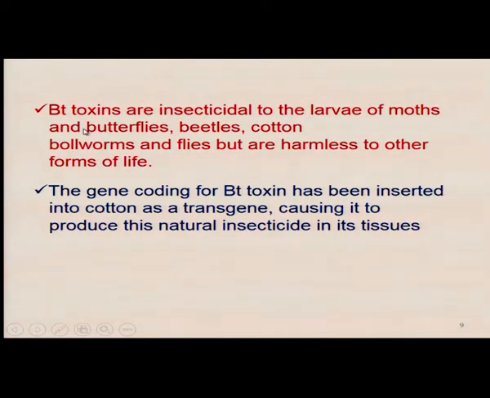These Bt toxins are insecticidal to the larvae of moths and butterflies, beetles, cotton bollworms, and flies, but they are harmless to other forms of life. The gene coding for Bt toxin has been inserted into cotton as a transgene, causing the cotton plant to produce this natural insecticide in its tissues.